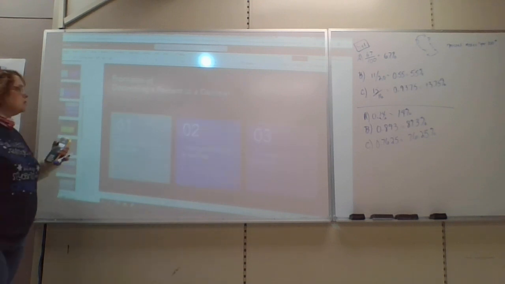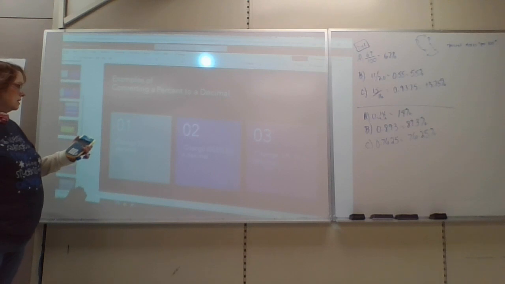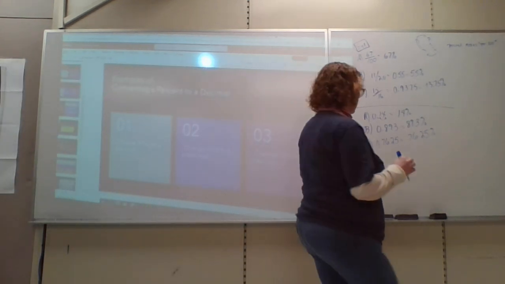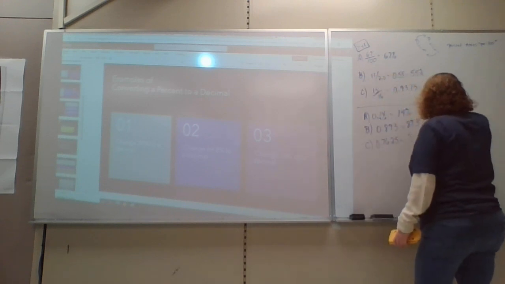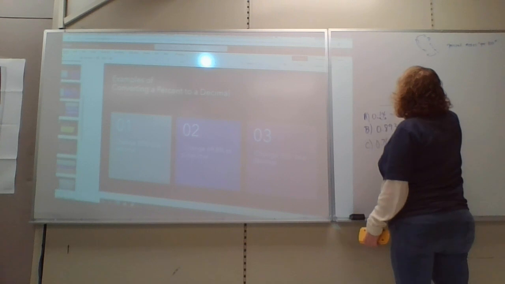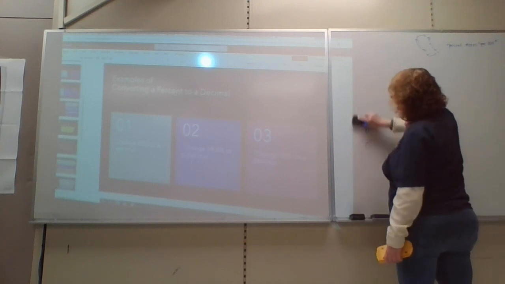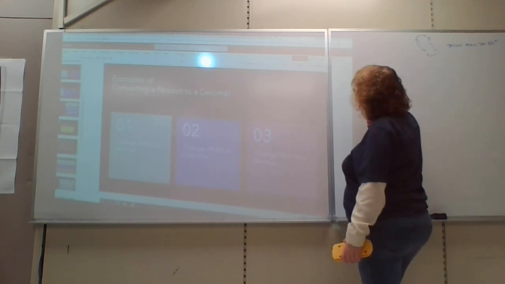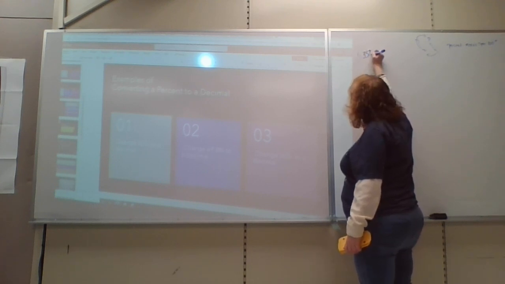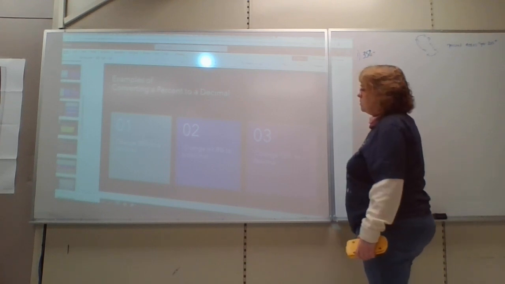Here are some examples. We're going to be converting a percent to a decimal. I'll write this. In our first example, we're going to be changing 35% to a decimal.